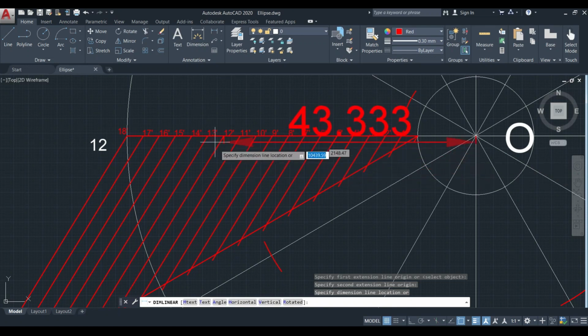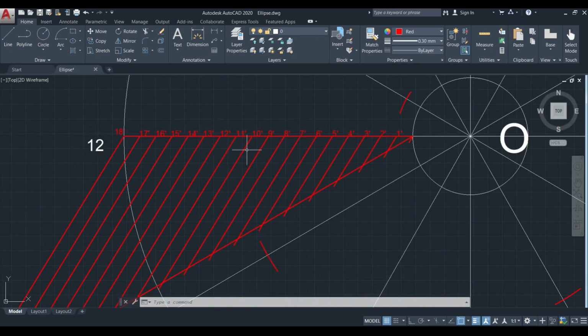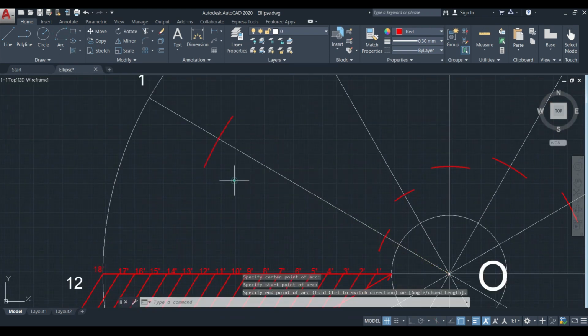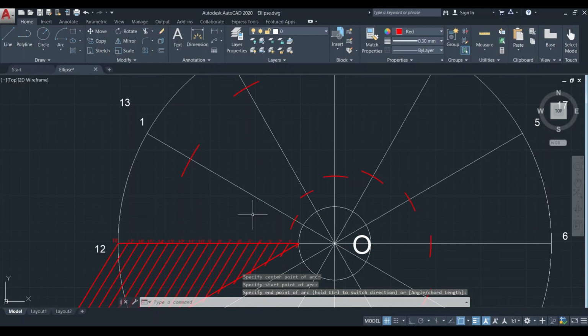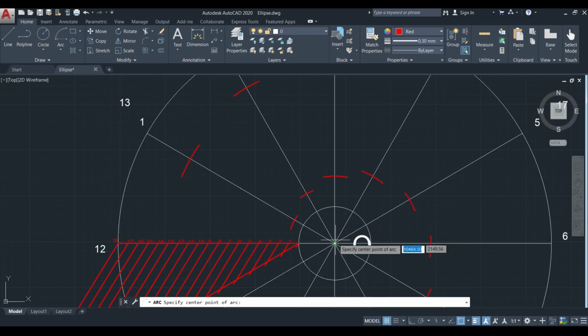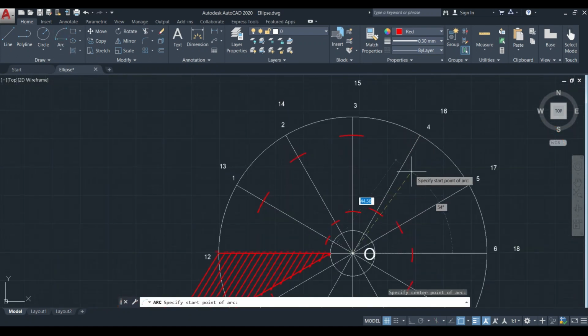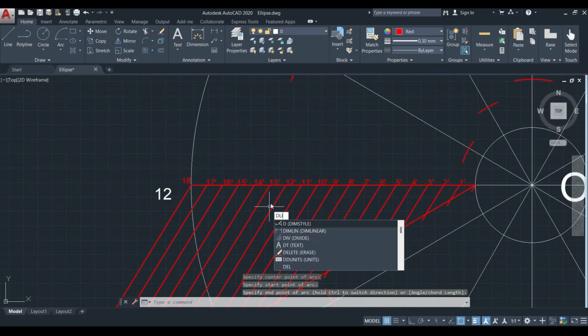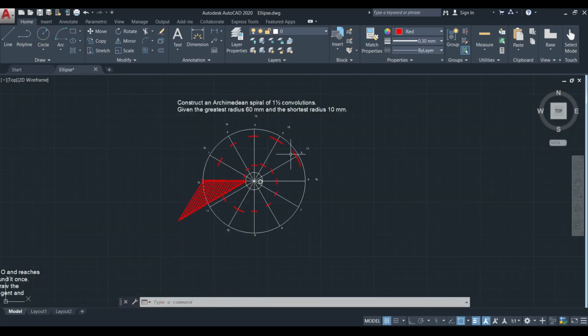Here the 12th point lies on the same 12 dash point, so it is not needed to take the arc at this point. So after that, we will get a figure like this.